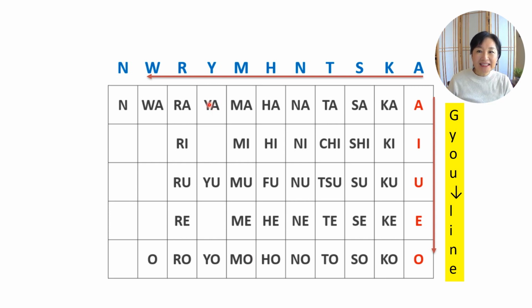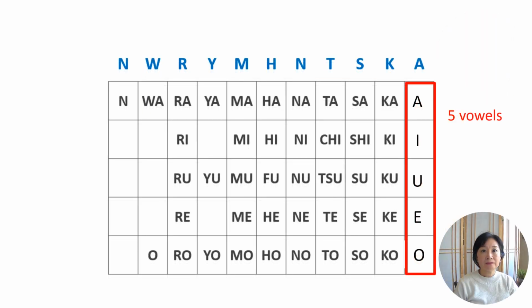Yagyo. Ya, yu, yo. Ragyo. Ra, ri, ru, re, ro. And wa, o, n. Good job. You just heard the sound of the basic 46 hiragana characters.